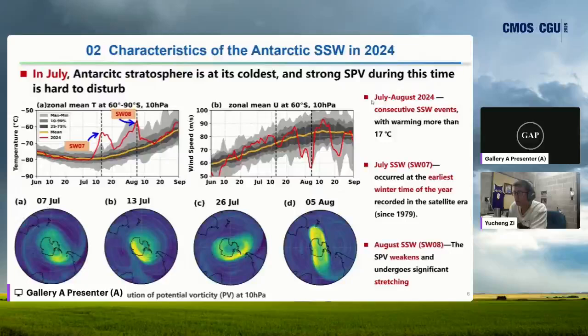The July SSW occurred at the earliest time of the winter, a record in the satellite era since 1979. In the August SSW, the SPV weakened and then significantly strengthened.